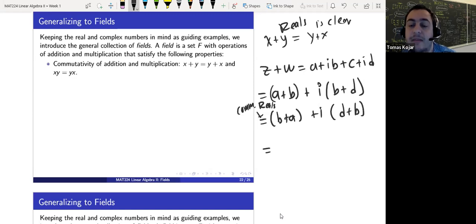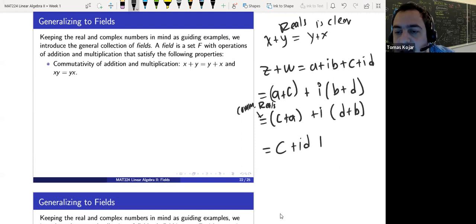So then everything, you open it back up. So b, oops, what's going on? C, this is c. So, one second. So, yeah, and so then you have c plus id and a plus ib.